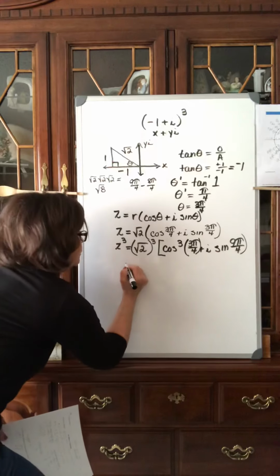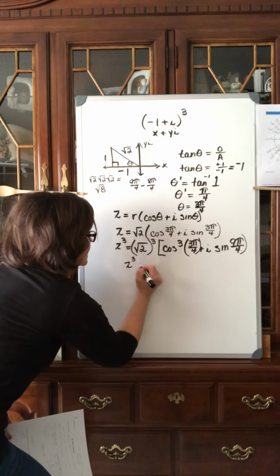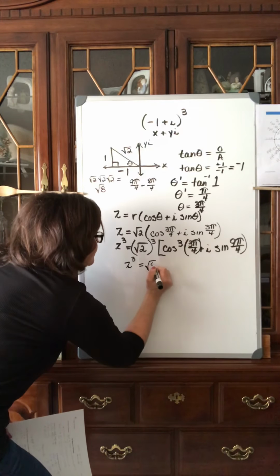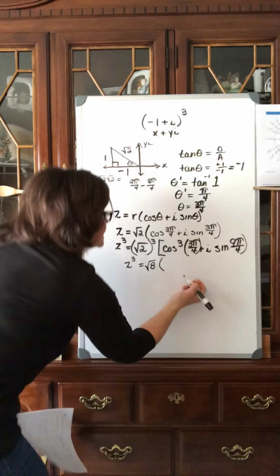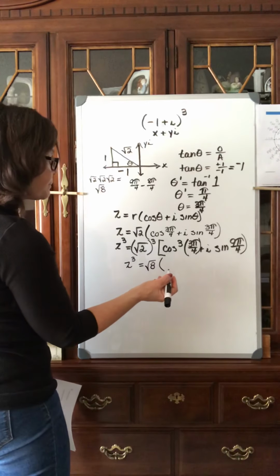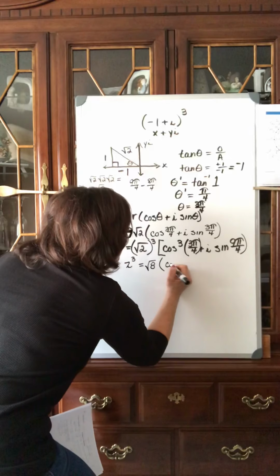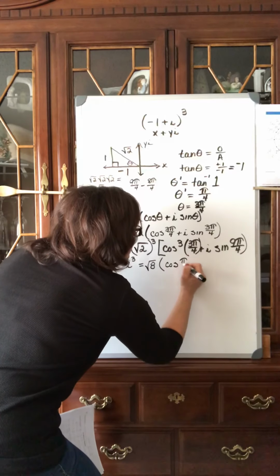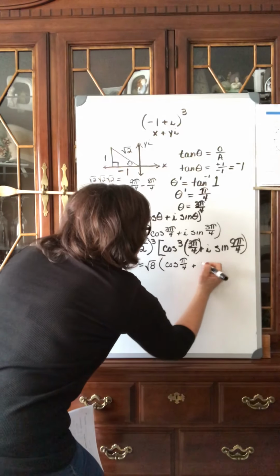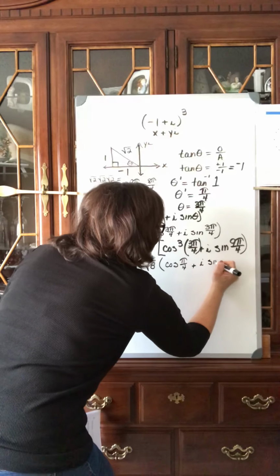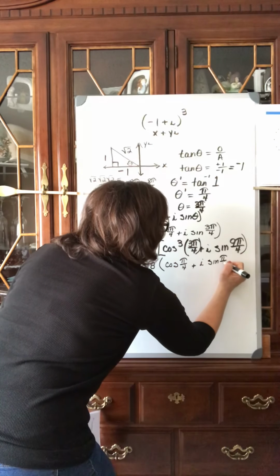So z cubed is equal to the square root of 8 times the cosine of pi over 4 plus I times the sine of pi over 4.